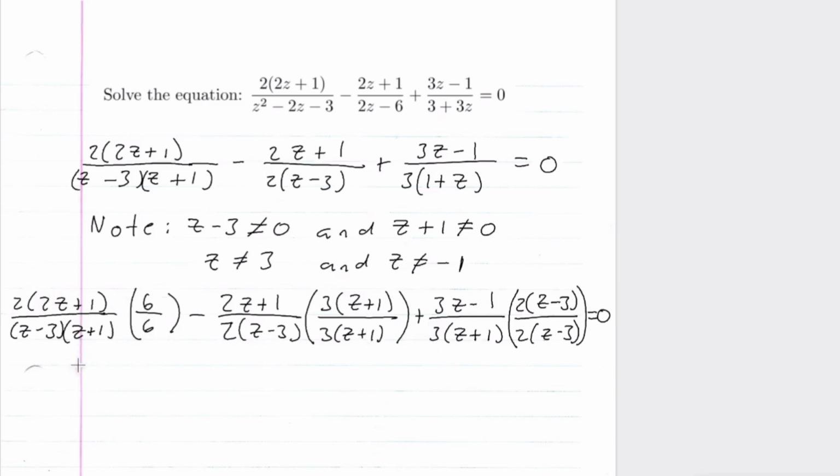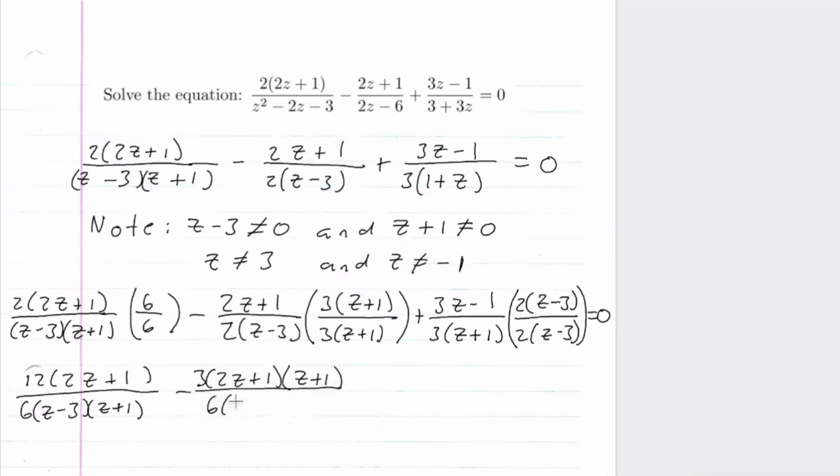All right, so here 2 times 6 is 12, so I'm going to have 12 times 2z plus 1 over 6 times z minus 3 times z plus 1 minus, so I'm going to have here the 2, I guess here 3, right? 3 times 2z plus 1 times z plus 1 over the same thing, 6 times z minus 3, z plus 1, and then plus, so in this case I'm going to have 2 times 3z minus 1 times z minus 3 all over 6 times z minus 3 times z plus 1 equals 0.